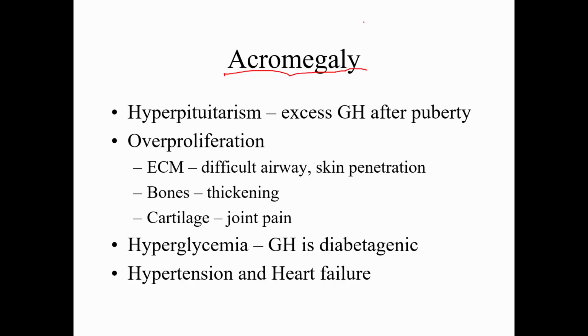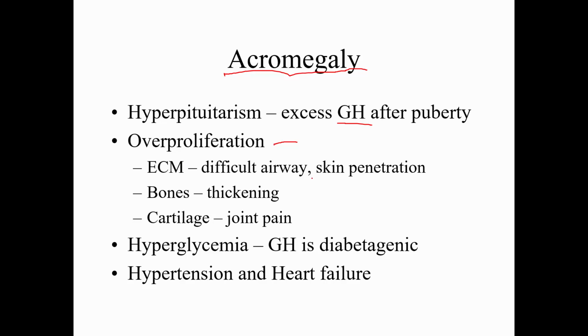If we are talking about before puberty, that condition is then called giantism or gigantism. So there will be elevated levels of growth hormone, elevated levels of IGF. IGF, insulin-like growth factor, will cause all sorts of overproliferation. Lots of proliferation of the extracellular matrix.